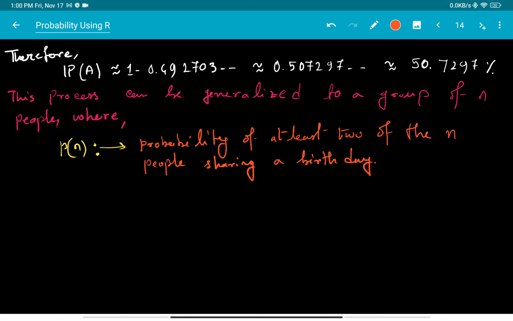It is easier to first calculate the probability of the complement.